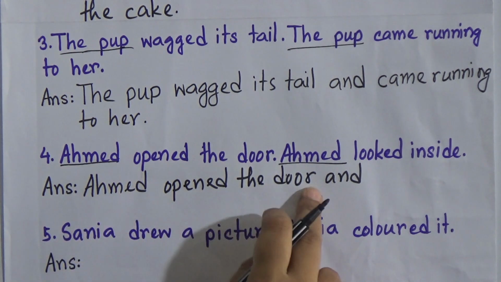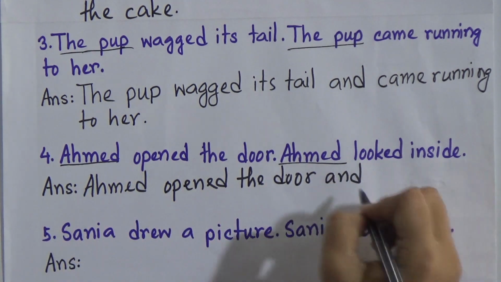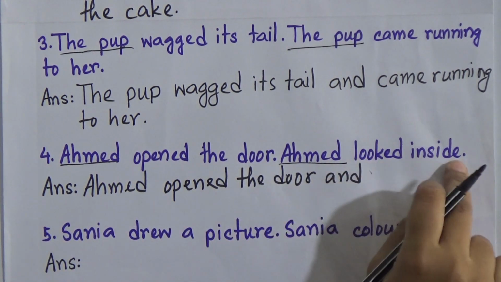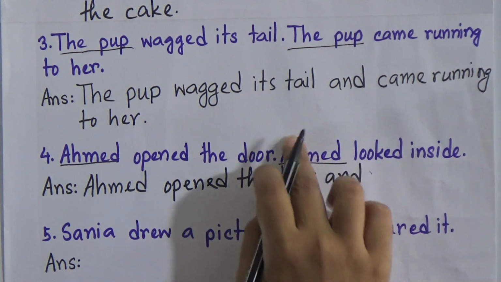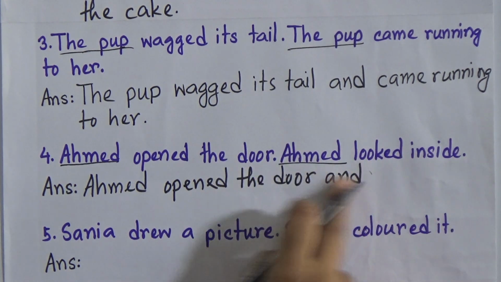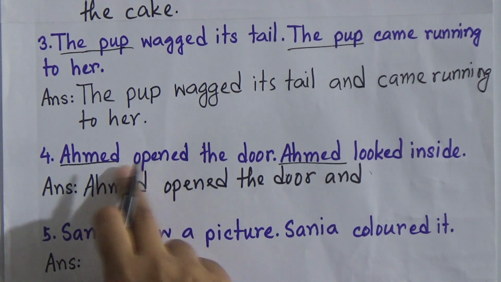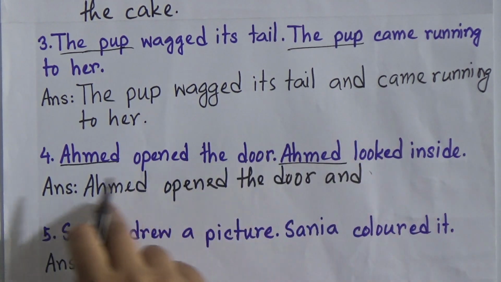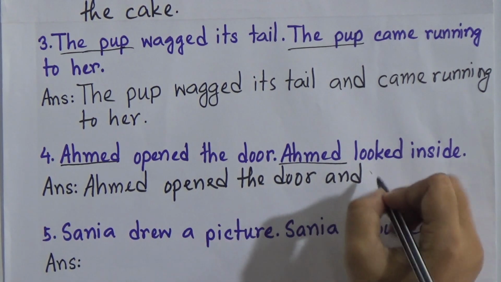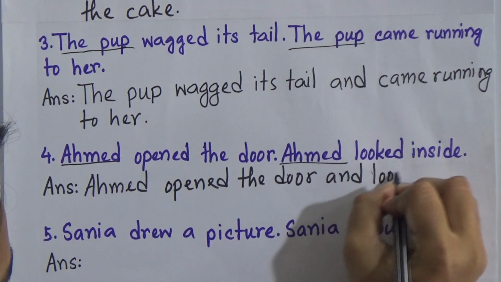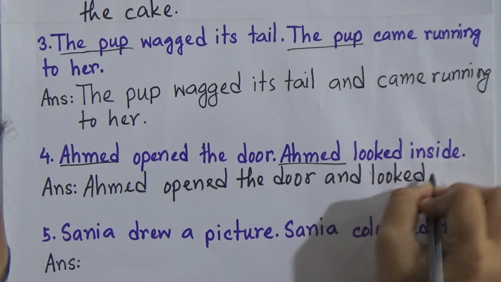Ahmed opened the door and now the rest of the sentence, looked inside. We don't need to write Ahmed here, because at the beginning of the sentence we wrote Ahmed and both the sentences are about Ahmed. And looked inside.